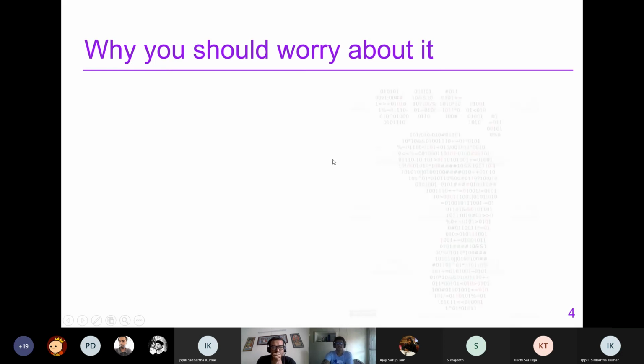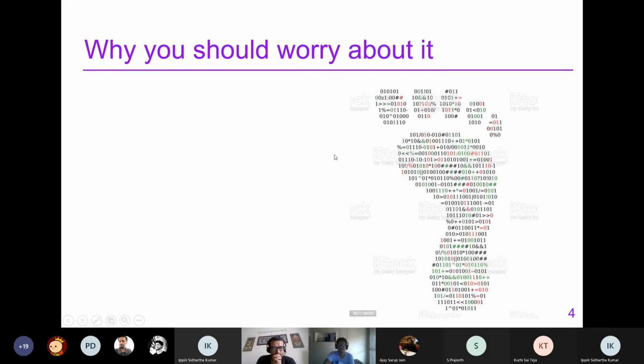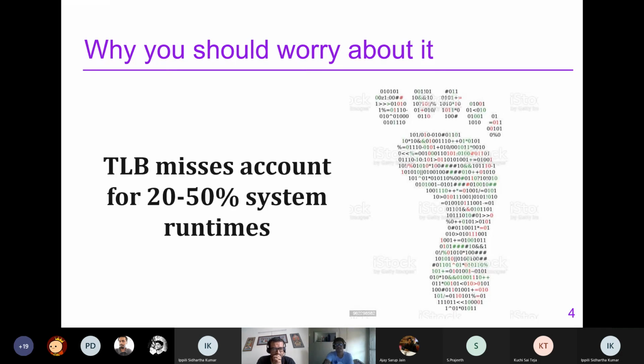So why should we worry about it? Nowadays, code footprints are getting larger and larger, and this results in more TLB misses. In fact, for recent usages, TLB misses account for around 20 to 50% of system runtimes. It was mentioned in the paper that for Java applications, where TLB miss latencies were around 300-plus cycles, TLB misses accounted for 5.5% to 19% of system runtimes.